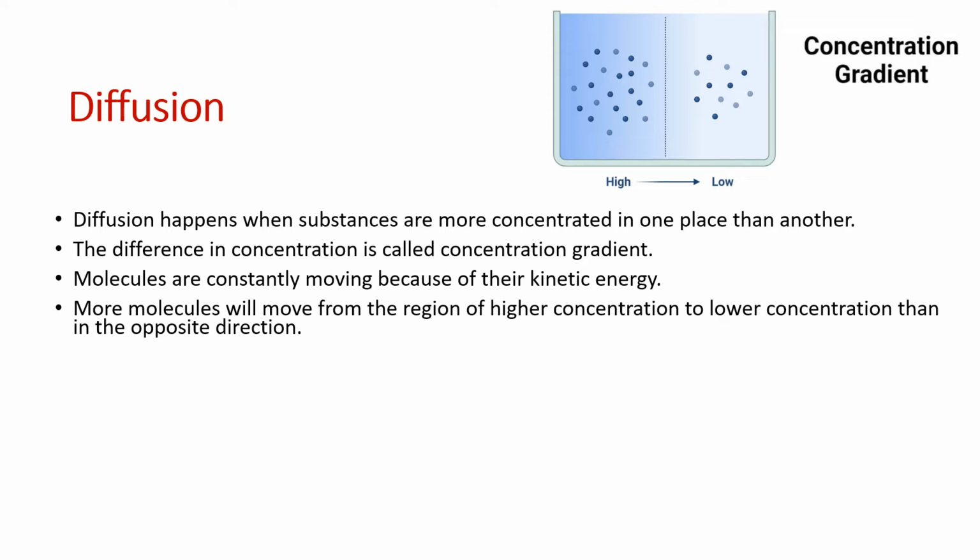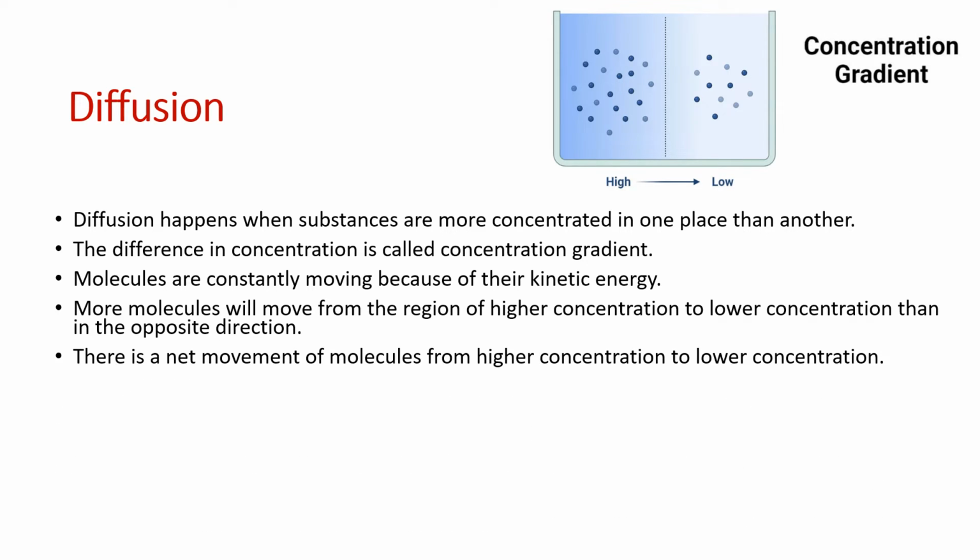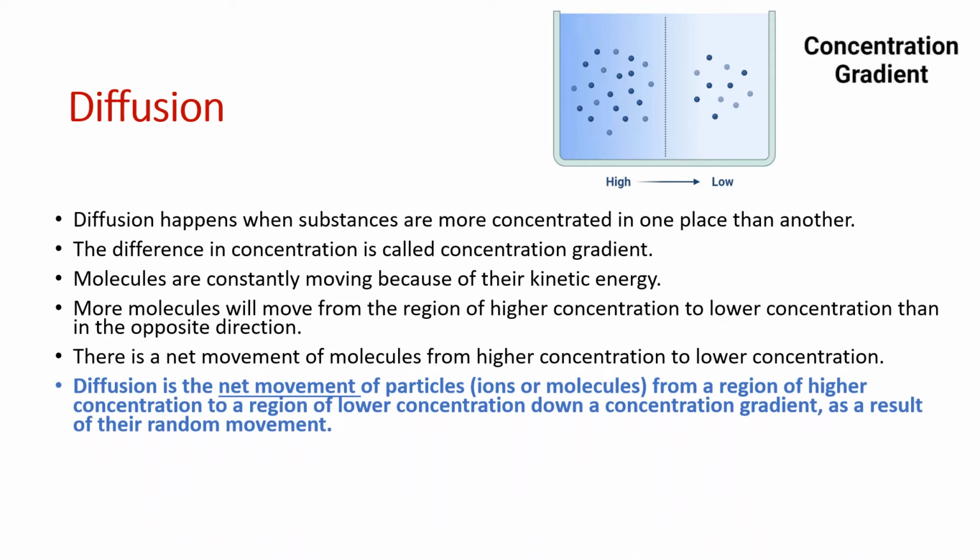But in this situation, there are always more particles moving from the region of higher concentration to lower concentration than in the opposite direction. We say there is a net movement of molecules from higher concentration to lower concentration. This happens until all the molecules are evenly distributed.